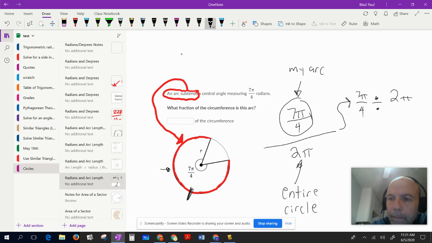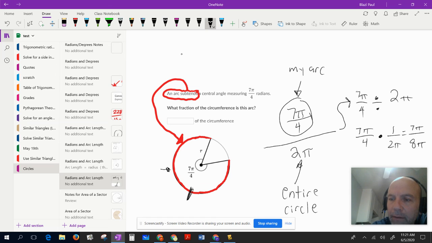I'm going to multiply it by the reciprocal. So what's the reciprocal of 2 pi? It's just 1 over 2 pi. So if I multiply across my numerators, I'm going to get 7 pi. If I multiply across my denominator, I'm going to get 8 pi.